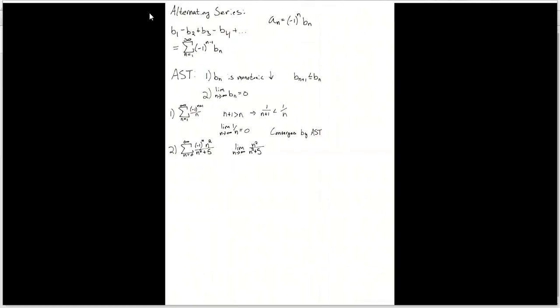And taking this limit by dominance of powers, you know that this is going to be 1. Well, that doesn't satisfy our condition above, right? This is not equal to 0. So we don't know if this converges or not by the alternating series test. We just know that it's inconclusive.